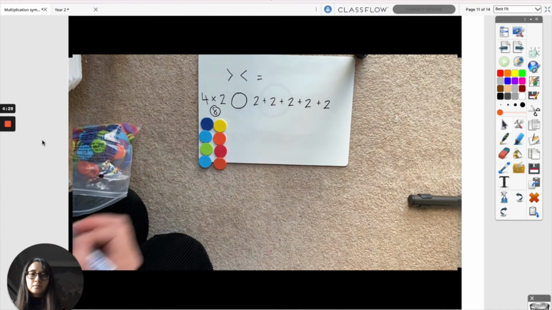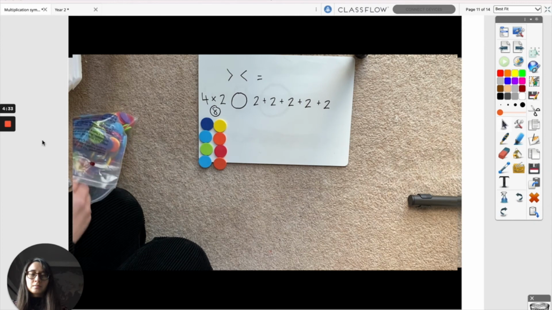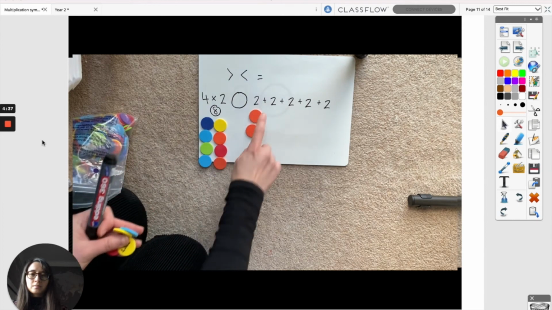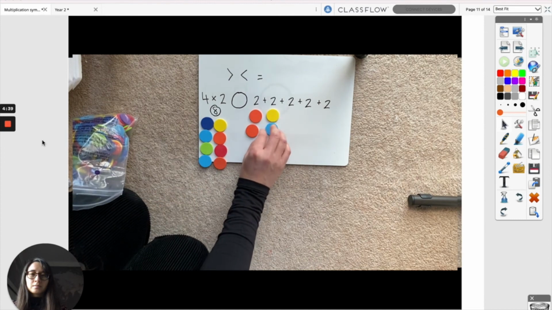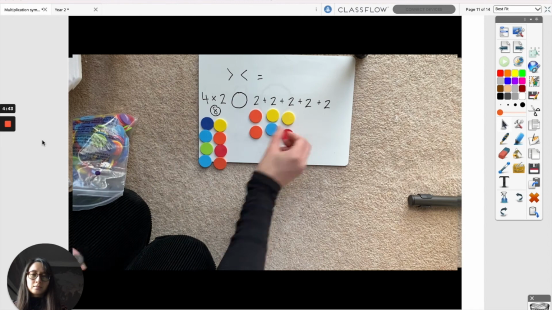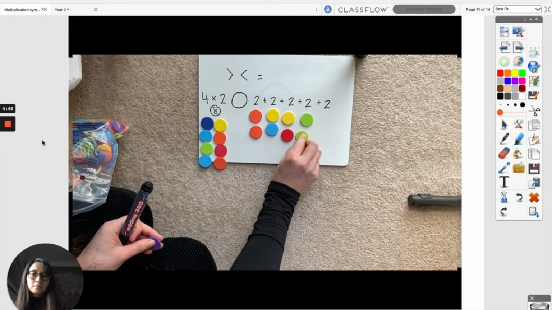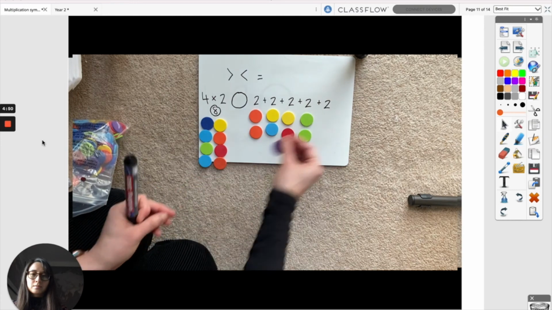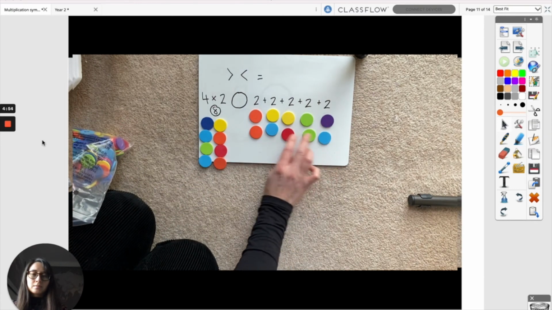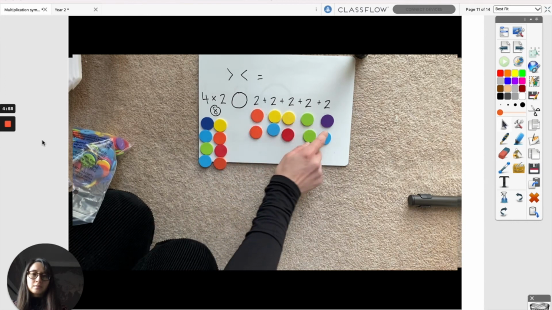Now we want to figure out the answer to the repeated addition. I'm going to use counters again. So we've got 2 plus 2 plus 2 plus 2 plus 2. 2, 4, 6, 8, 10.